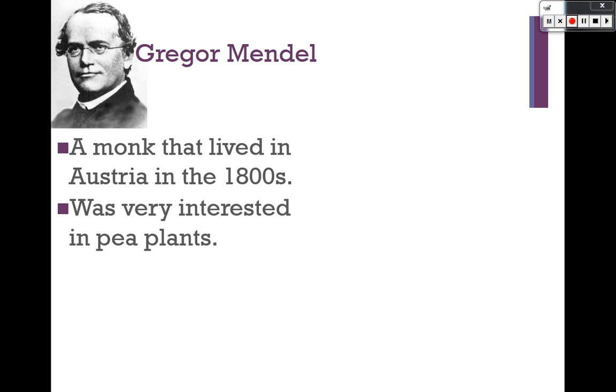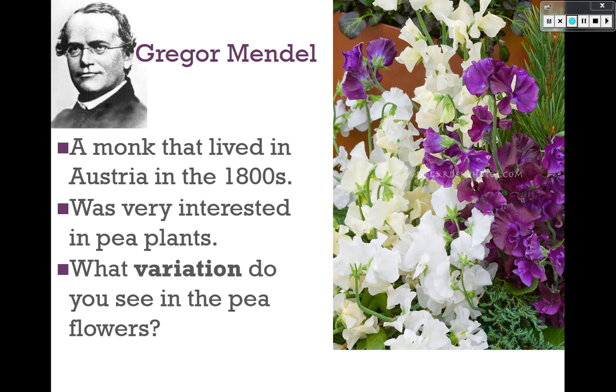He grew all these different plants, and just like we're doing in class where we're going to be breeding plants with each other and seeing what the results are, he did the same thing, but instead of just looking at one trait, the trait we're looking at in class is stem color, he looked at all different traits.